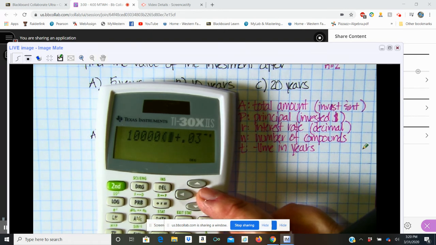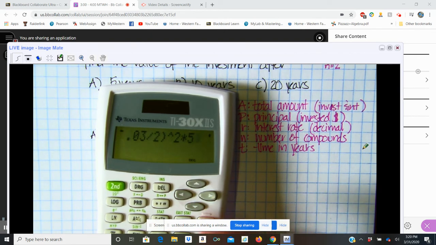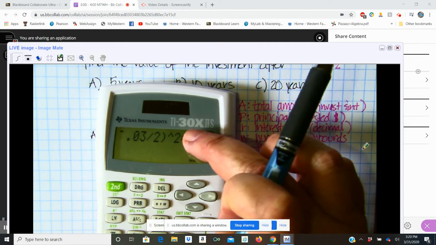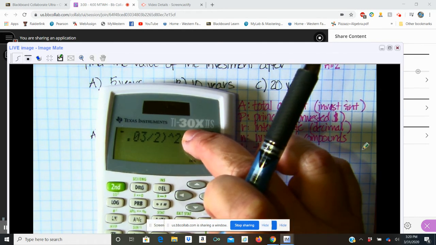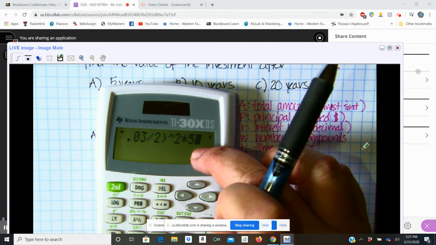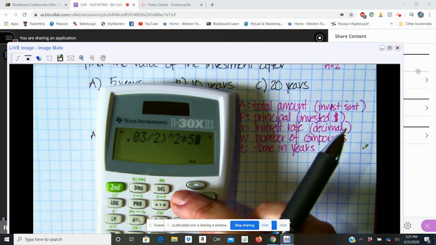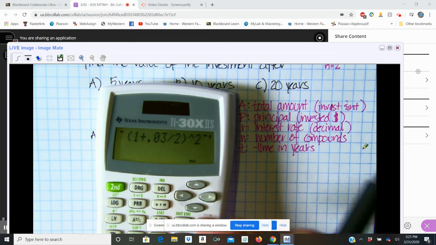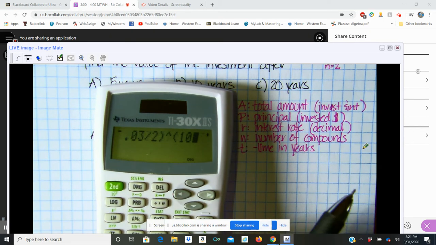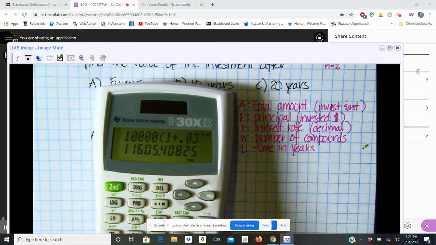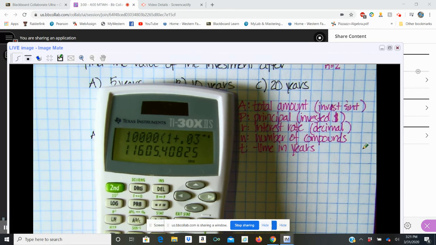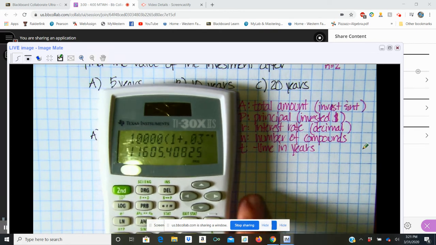Because what your calculator is doing in that case is squaring all of that and then multiplying that answer by 5, rather than taking it to the 10th power. It will make a difference, just an FYI.